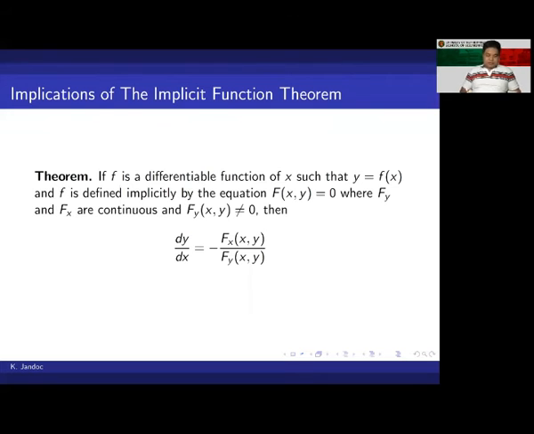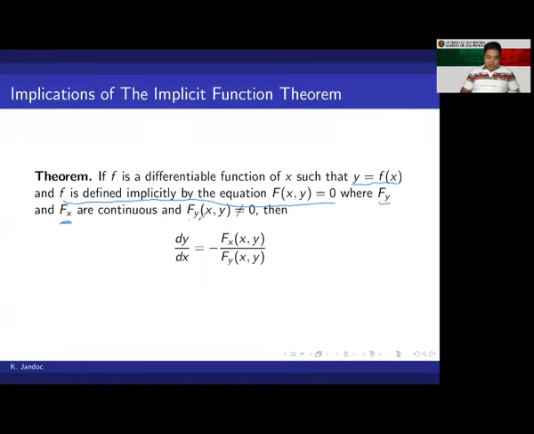So here's a theorem. When we have a function f that is differentiable, such that y is explicitly expressed as a function of x, and f is defined implicitly by some equation, F(x, y) equals 0, that's your implicit equation, and Fy and Fx exist and are continuous.